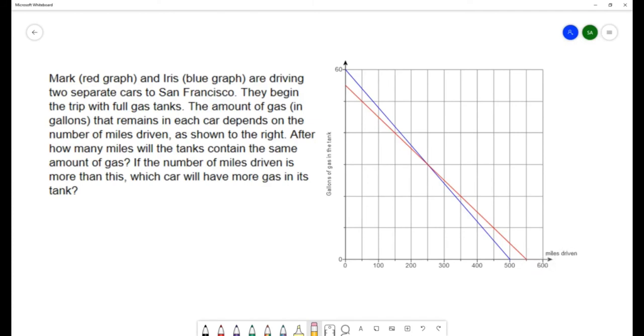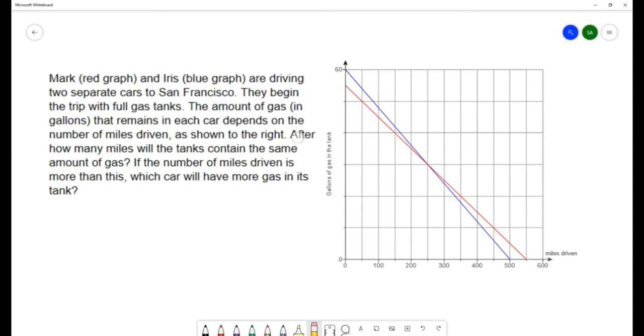And then on the vertical axis, it's labeled as gallons of gas in the tank, and it starts at 0 and goes all the way up to 60. So as mentioned in the instructions, Mark is the red graph and Iris is the blue graph. So here we have this line. The red line is Mark's trip, the record of Mark's trip. And in blue, we have a record of Iris's trip.